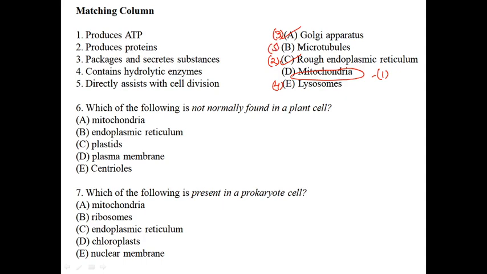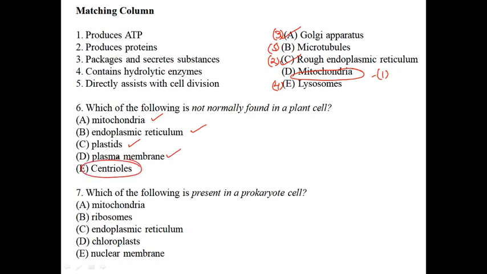Next, look at the question. Which of the following is not normally found in a plant cell? As we have talked about the difference between the plant cell and the animal cell, mitochondria is present, endoplasmic reticulum present, plastids only in plant cell, plasma membrane is also present, centrioles.